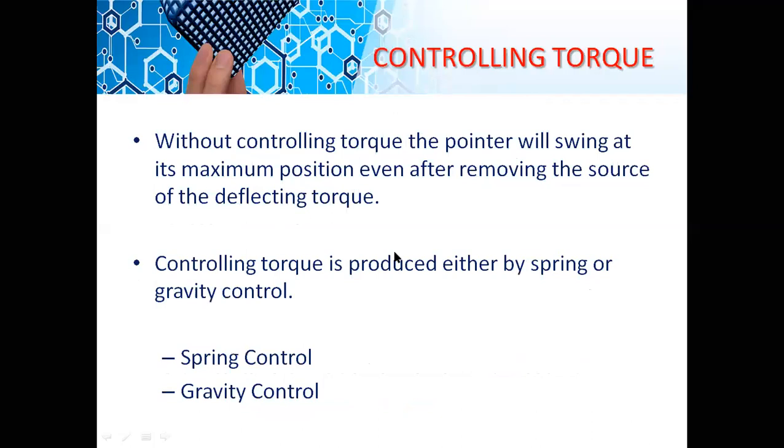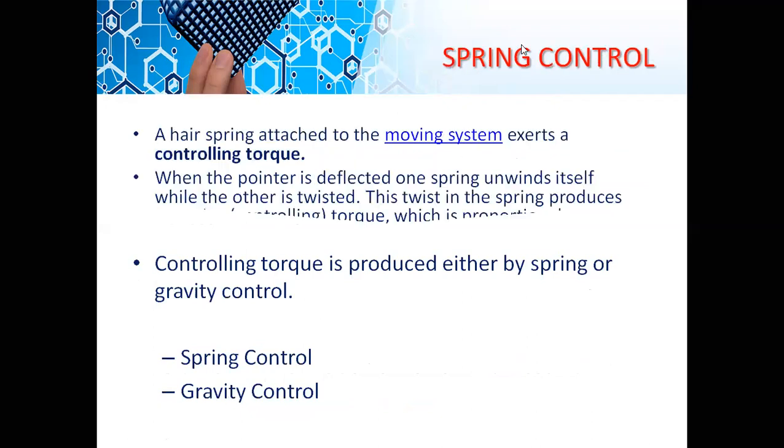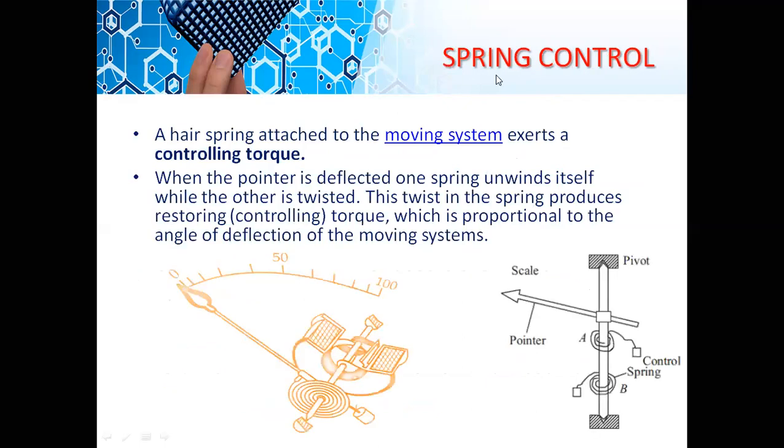So we'll see different types of how can we produce the controlling torque. So controlling torque is produced either by spring or gravity control. So we have spring controlled instruments and we have gravity controlled instruments. So first we will look into spring control measuring instruments.